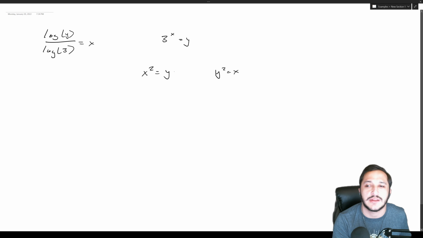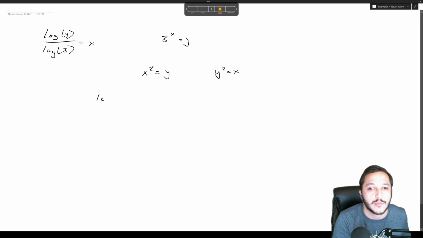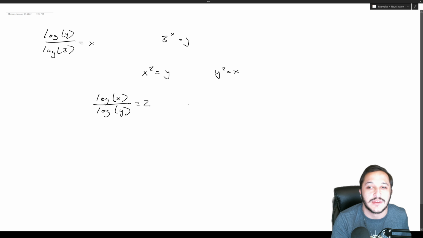So if we look at it this way, where we take the natural log of our input over log of the number that we want out equals 2. We can then say log of x over 2 equals log of y.